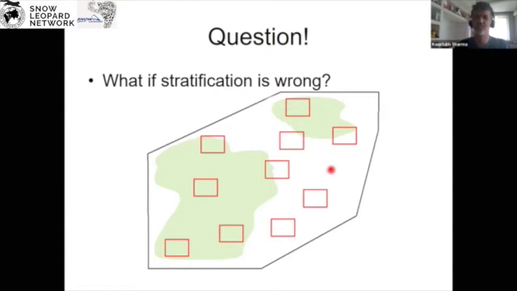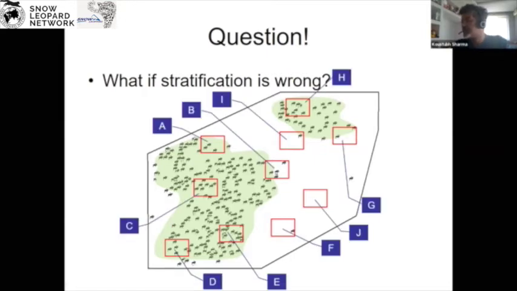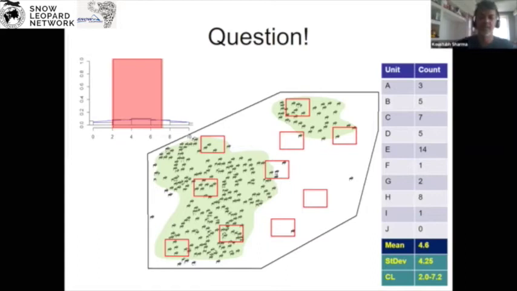Joe says estimates have larger error. Joe, you're absolutely right. Let's see here what happened. Now, in this case, we had the wrong stratification, and I've just done a count here.